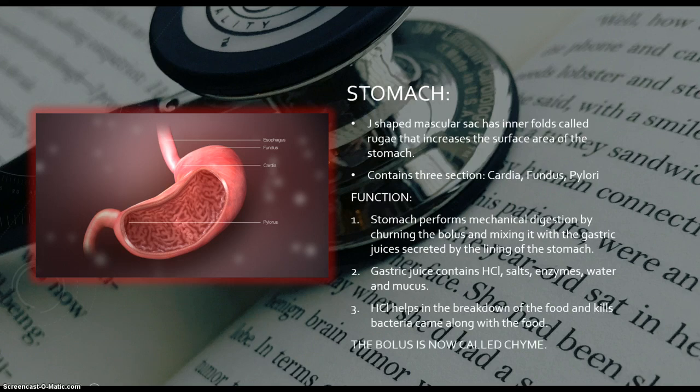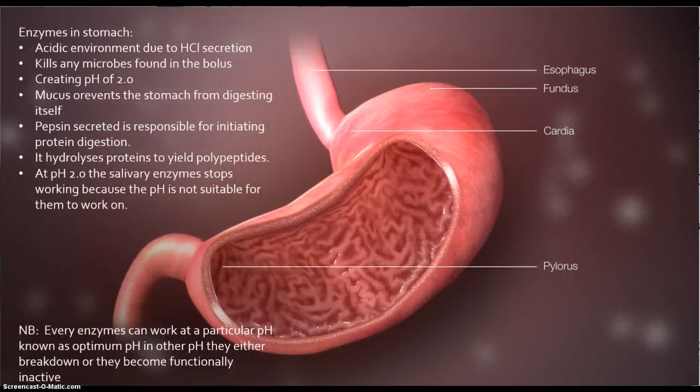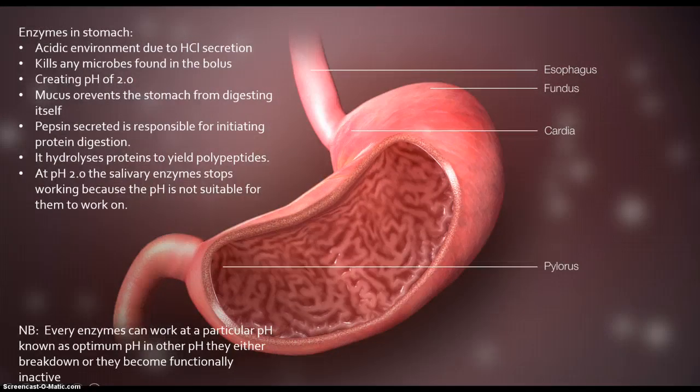The bolus which came inside the stomach, after staying inside the stomach, is named as what? Chyme. Now, the enzymes inside the stomach are found in the acidic environment. As we know that the stomach releases HCl, hence the enzymes which act inside the stomach act in the acidic condition. It has a pH of 2.0, which kills the microbes inside the bolus.